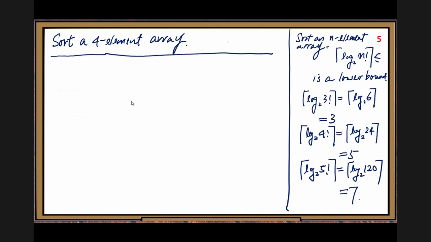Let's assume these 4 elements are x1, x2, x3, x4. For the first few steps, we can use insertion sort. First few steps, just use the insertion sort.